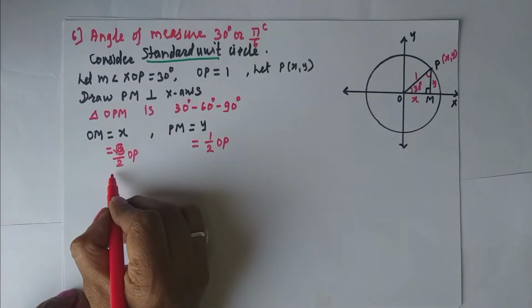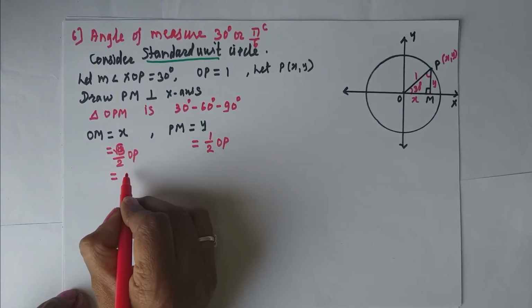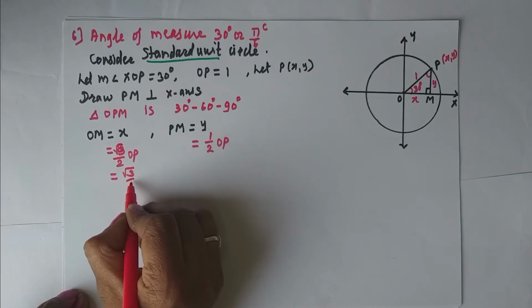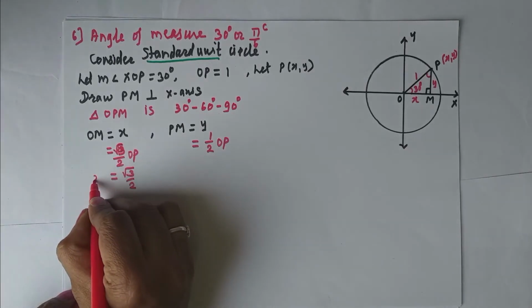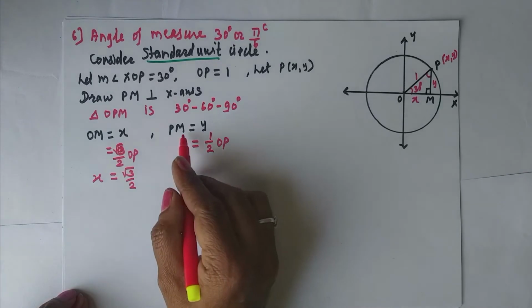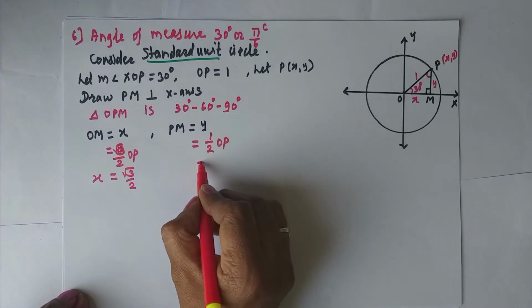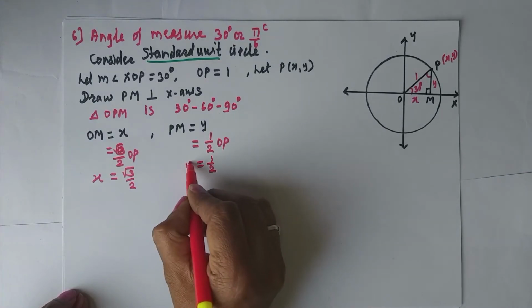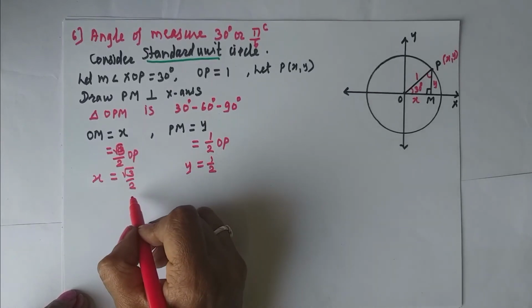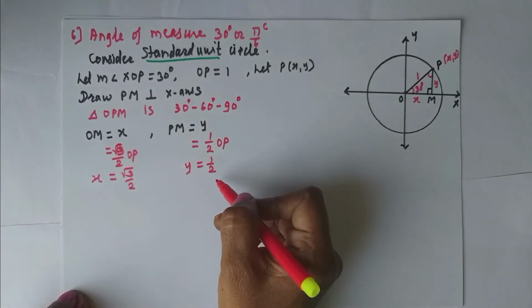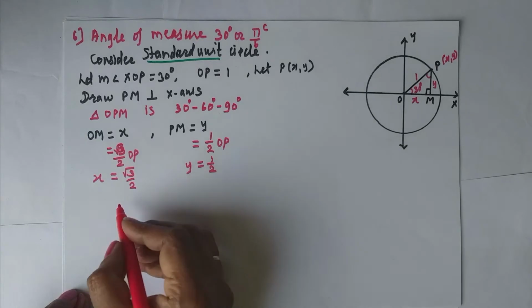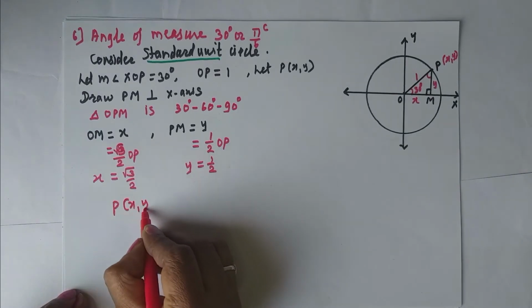Here OP is 1. Therefore, we got OM, that is value of x, root 3 by 2. PM is y, that is half.